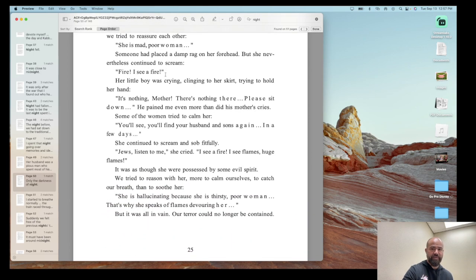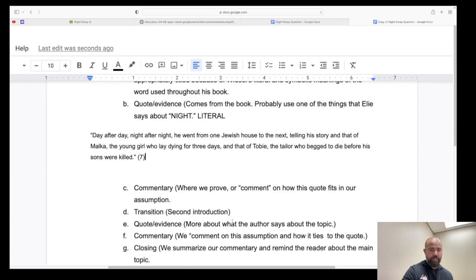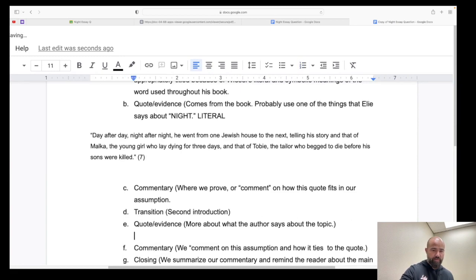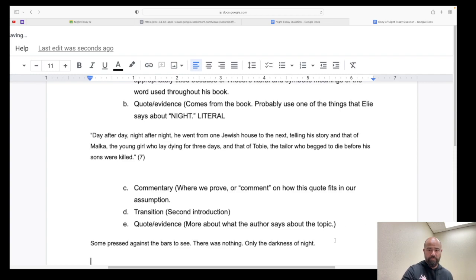It's from page 25. Come down here to my quote evidence, push enter, delete it a couple times, paste it, boom. Make sure I put the right page number in parentheses. Make sure I put quotations around what's being taken from the book. Boom. So I got my quotes done.